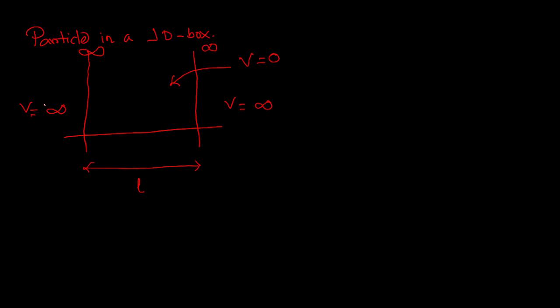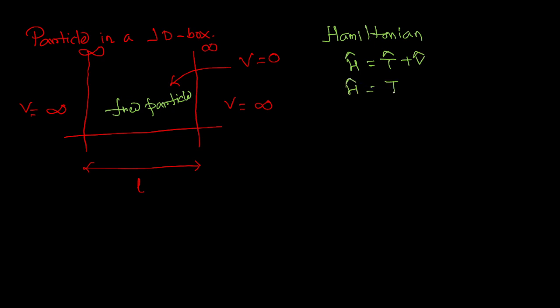So the particle inside the box is a free particle. So the Hamiltonian, which is denoted as T plus V, will depend only on T, because V is 0 within the box.